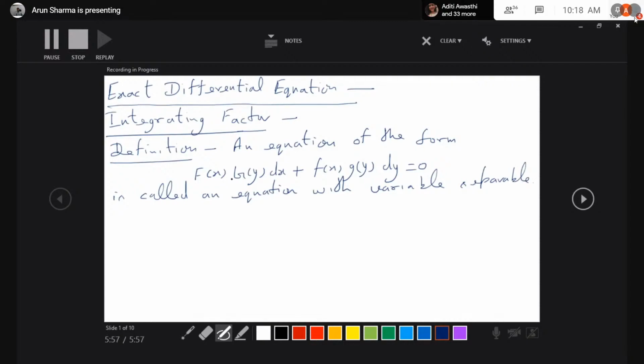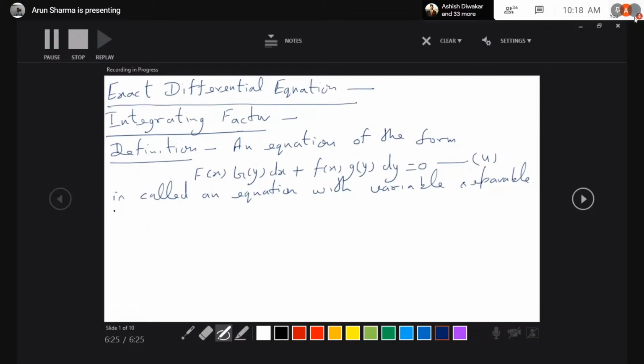So, what is the meaning of variable separable? You can separate variables. How to separate variables? For example, let's say this equation is equation number 4, and if you divide this equation by g(y)f(x), then the x variable will be on this side and the y variable will be on the other side.